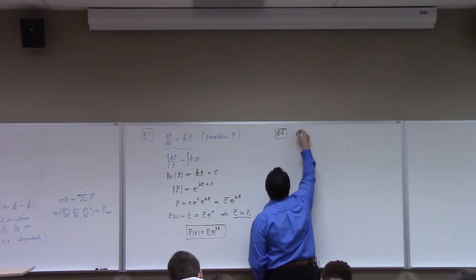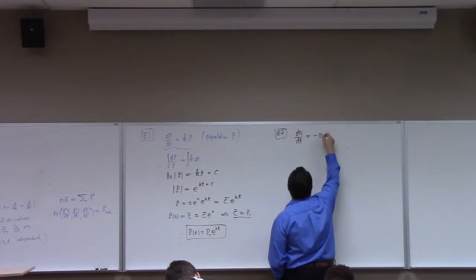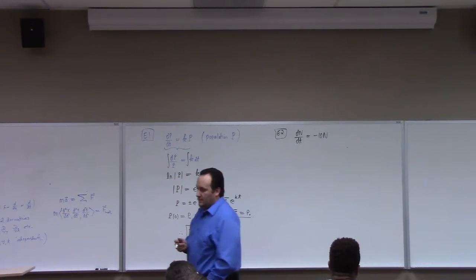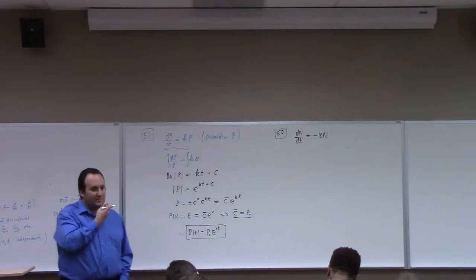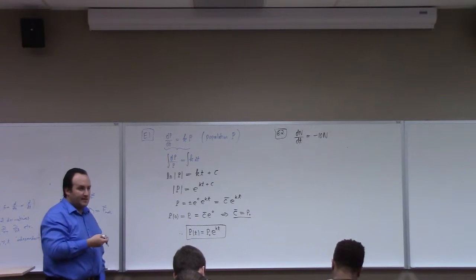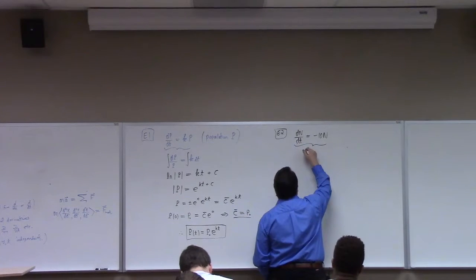You might have dn dt equals minus, say, 10n. Here, n would be the number of particles, and minus because I'm thinking of radioactive decay. So this would be something like radioactive decay.